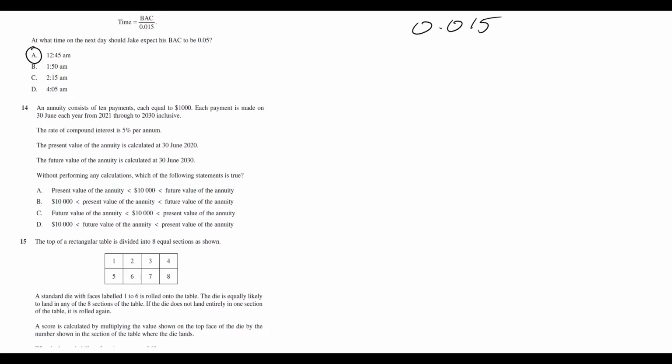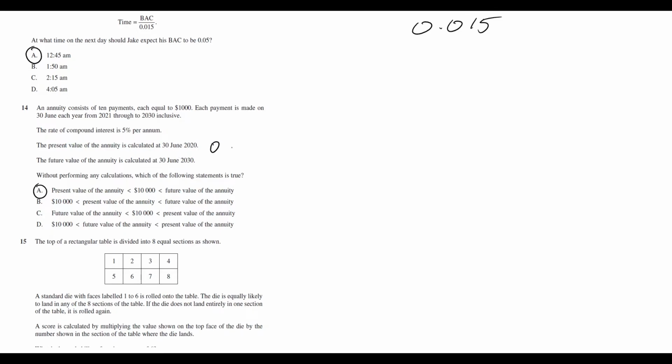Well, actually, right off the bat, that is our correct option. So option A is correct, and let's have a quick think about why. It says the present value of the annuity is calculated at the 30th of June 2020. So we have zero money in our account at the moment, since we haven't put any deposits into this annuity fund.